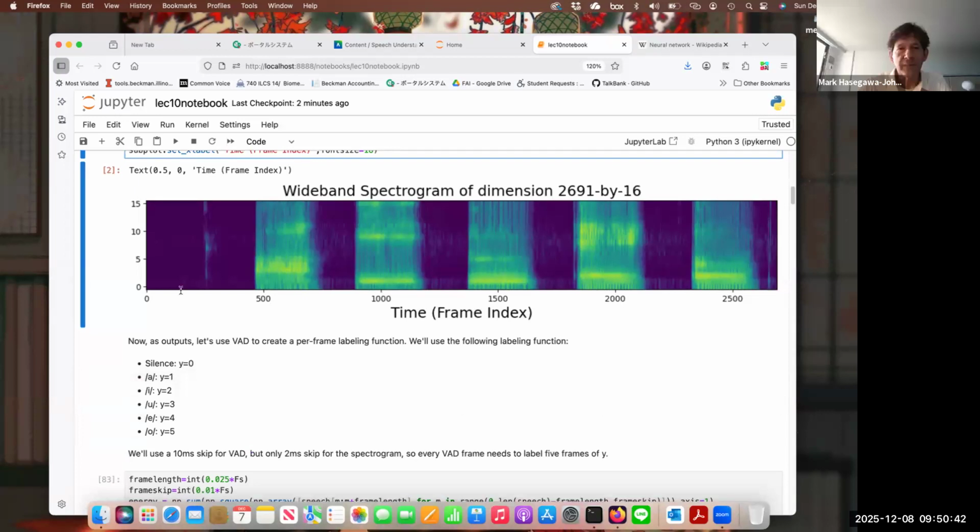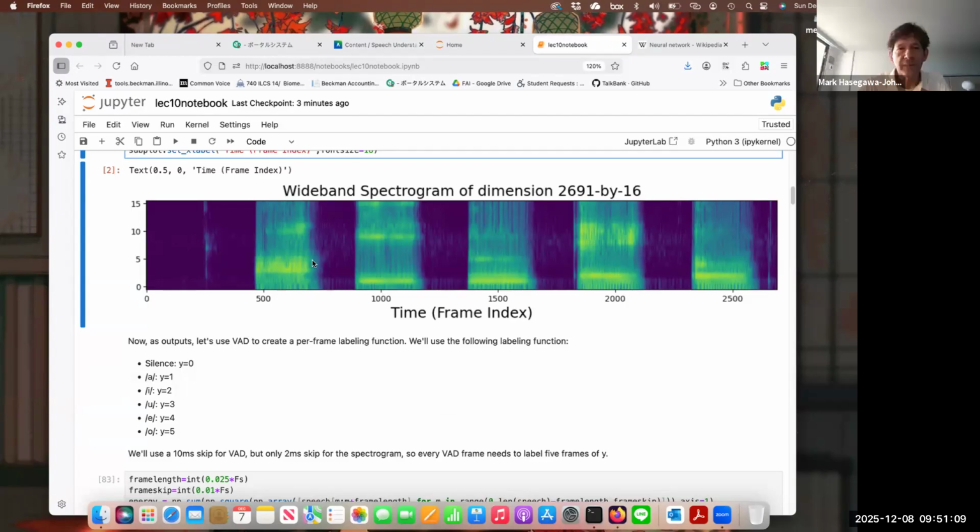Last time, we first divided it into segments and then classified each segment. This week, I want to do something a little bit harder. This week, I want to try to classify every single frame. And you'll see that it sometimes makes mistakes on a single frame while still getting the majority of frames correct. I'm going to try to create a reference label such that all of these frames that are silent should have the label y equals 0.